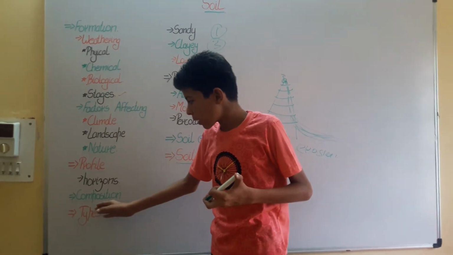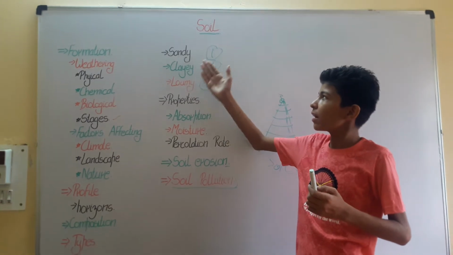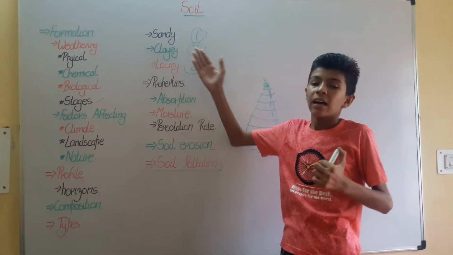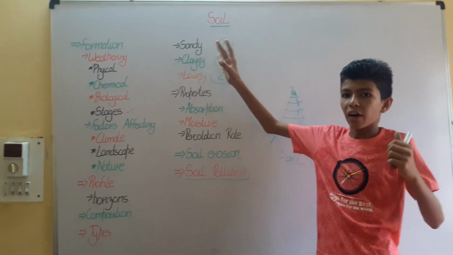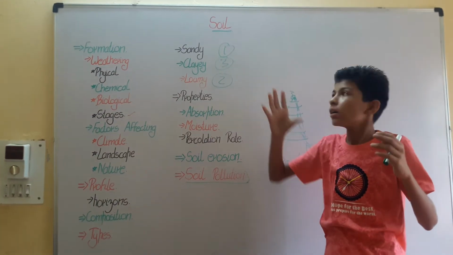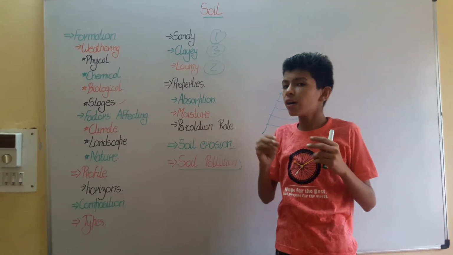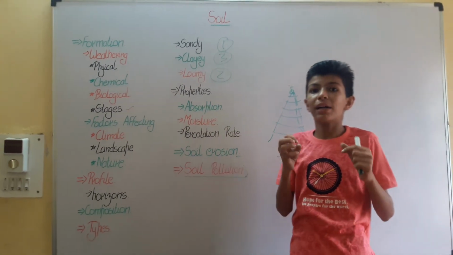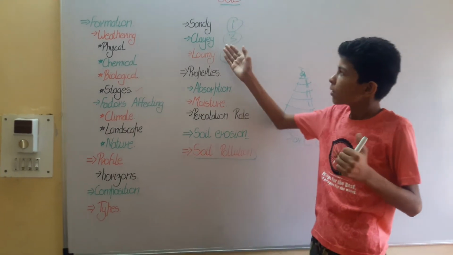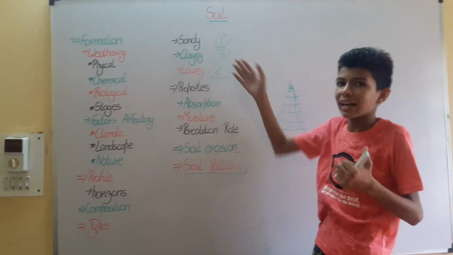Then we learned about the types. There are three types of soils: sandy soil, clay soil, and loamy soil. If you zoom in, sandy soil is made up of footballs, clay soil is made up of very small ping pong balls, and loamy soil is a mixture of sandy and clay soil.